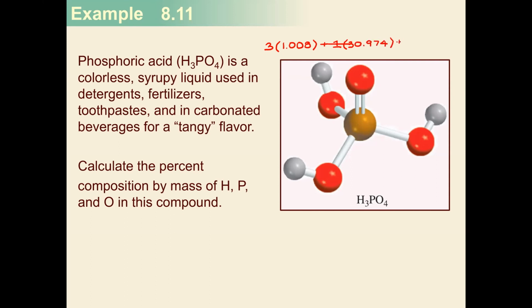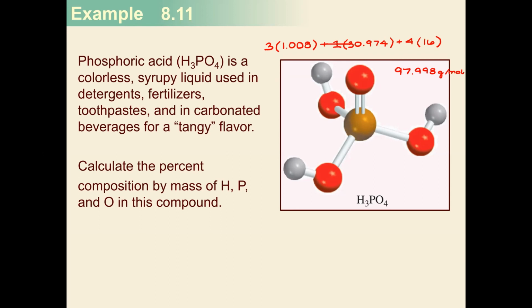And then finally, we will add that to our 4 oxygens. So we will do 4 times 16, and this will give us our molar mass. And the molar mass for this compound is going to be 97.998 grams per mole. It is really important to calculate this before you do any of the individual species.